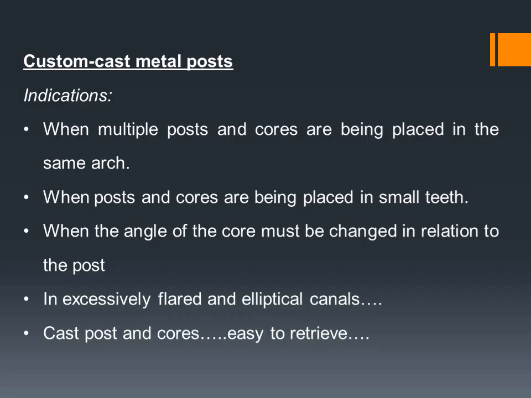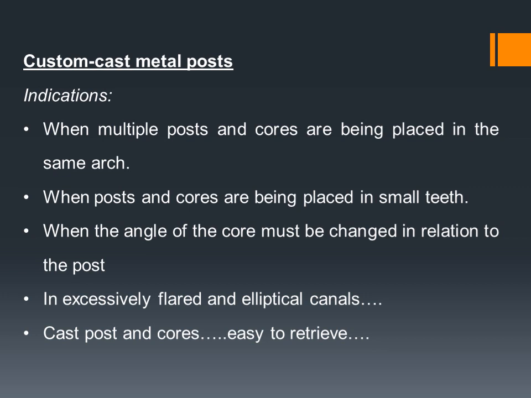We'll move on to the custom cast metal post. The indications for it are when multiple posts and cores are required in the same arch, and when posts and cores are being placed in smaller teeth like a lateral incisor.